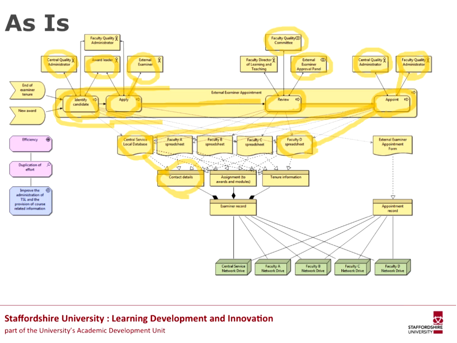The same information was kept in the spreadsheet, and also what award the examiner would be looking after, the tenure information about the award, and all of that basically makes up the examiner record.